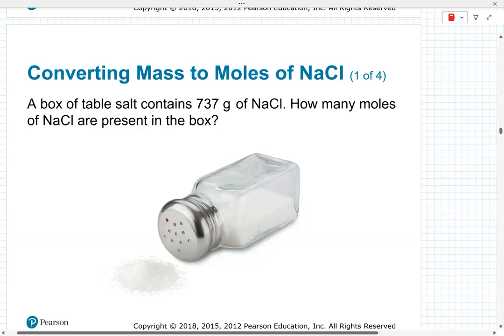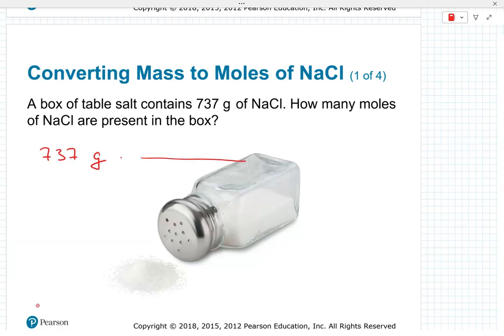So here's the question. You have 737 grams of sodium chloride. You have to go, hear me out, from grams to moles. So in the conversion factor, what should be at the bottom? Grams. So 1 mole.